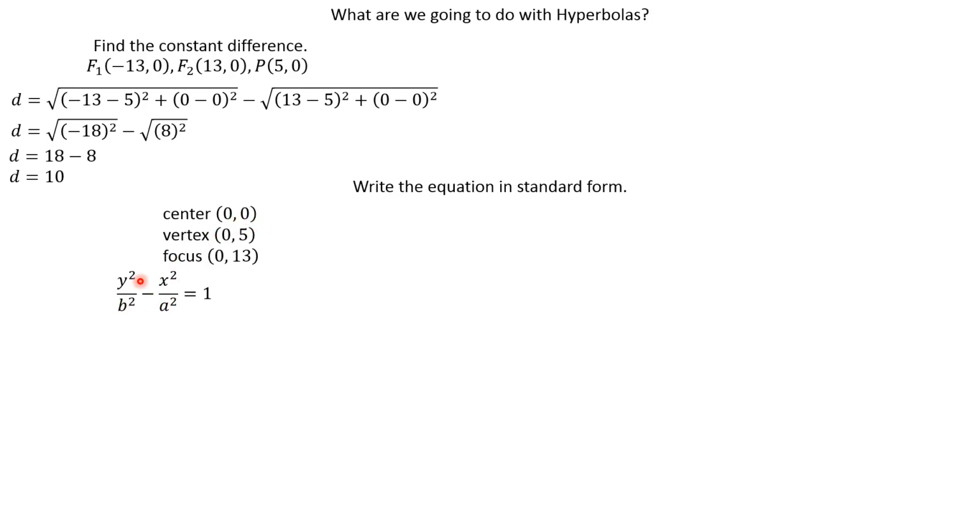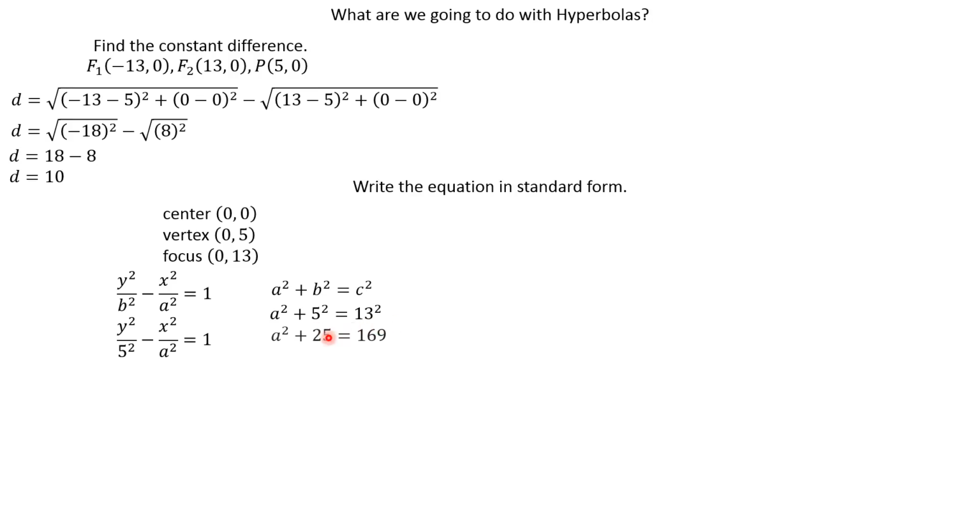Center 0, 0, so we don't need to worry about anything with the y or the x. Now we just need b squared and a squared. Well, b, the vertex, is going to be here, so that's just going to be 5 squared minus a squared. We don't know a yet, but we do have that equation, a squared plus b squared equals c squared. We can plug this in for b, and 13 is c, so we get a squared equals 5 squared plus 13 squared.